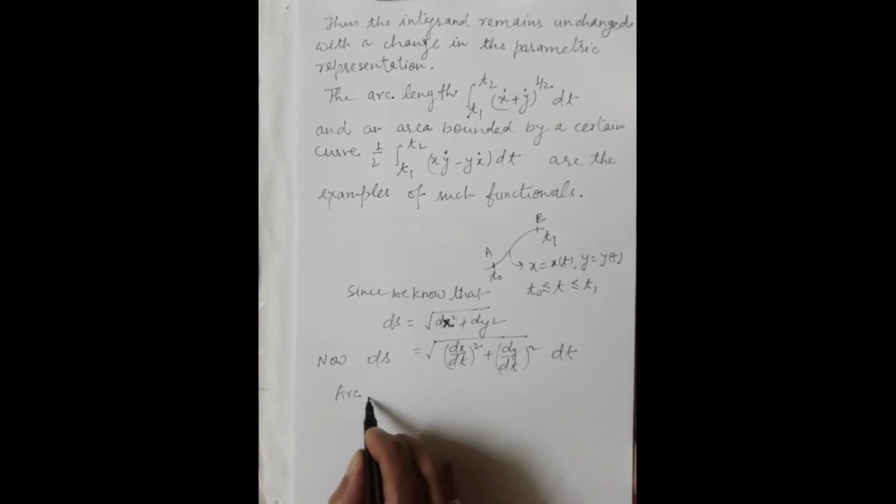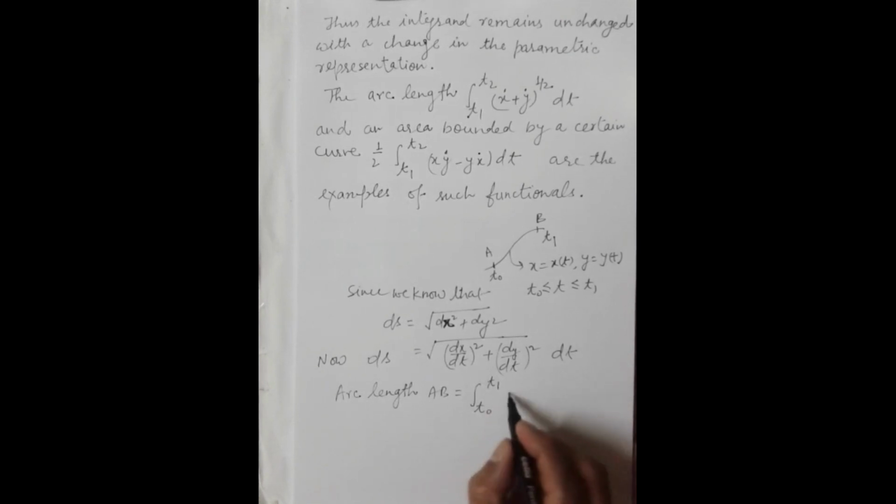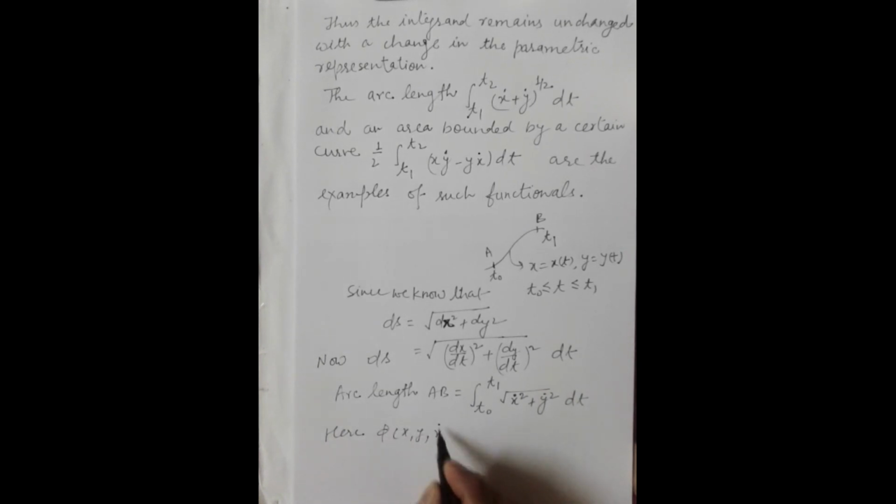Arc length AB is equal to the integral from T naught to T1 of under root x dot square plus y dot square dt. Here phi(x, y, x dot, y dot) is equal to under root x dot square plus y dot square.